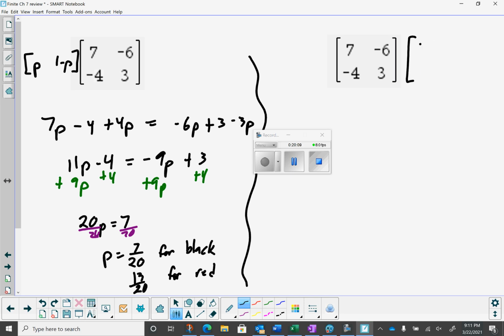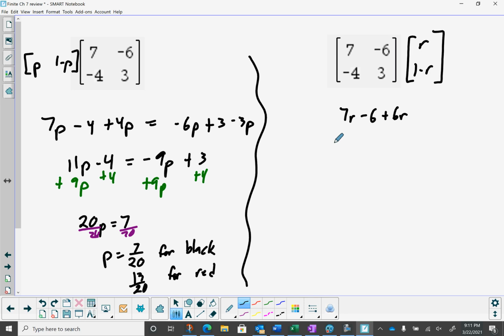I don't like Q. I can use R and 1 minus R. So again, row times column. So 7 times R would be 7R. Negative 6 times 1 minus R. So negative 6 times 1 is going to be negative 6. Negative 6 times negative R is plus 6R.